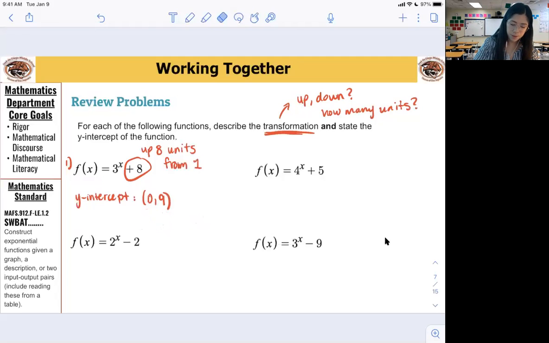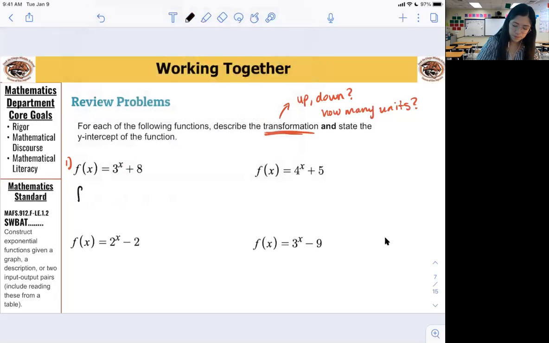With example number 1, let me erase what I've got. If I plug in a 0, I get this. What's 3 to the power of 0? 1.